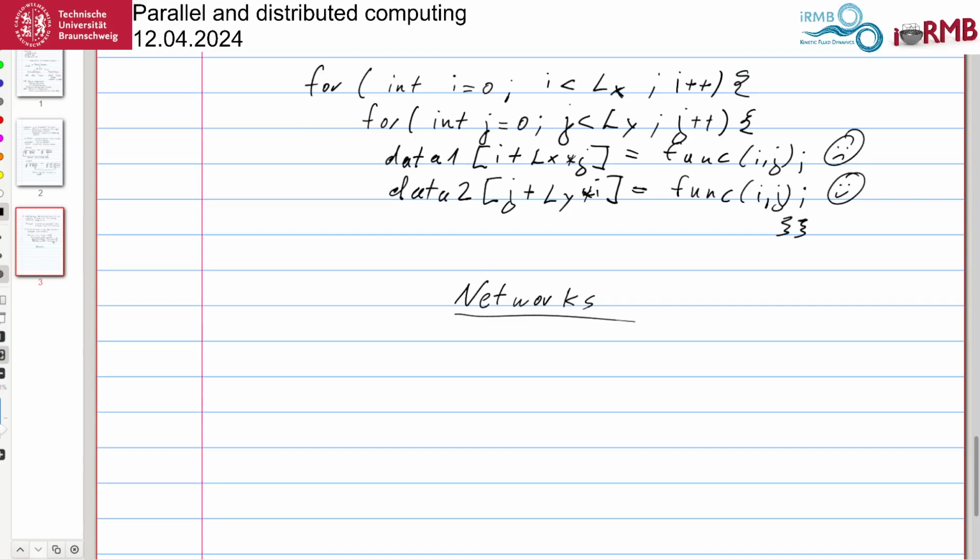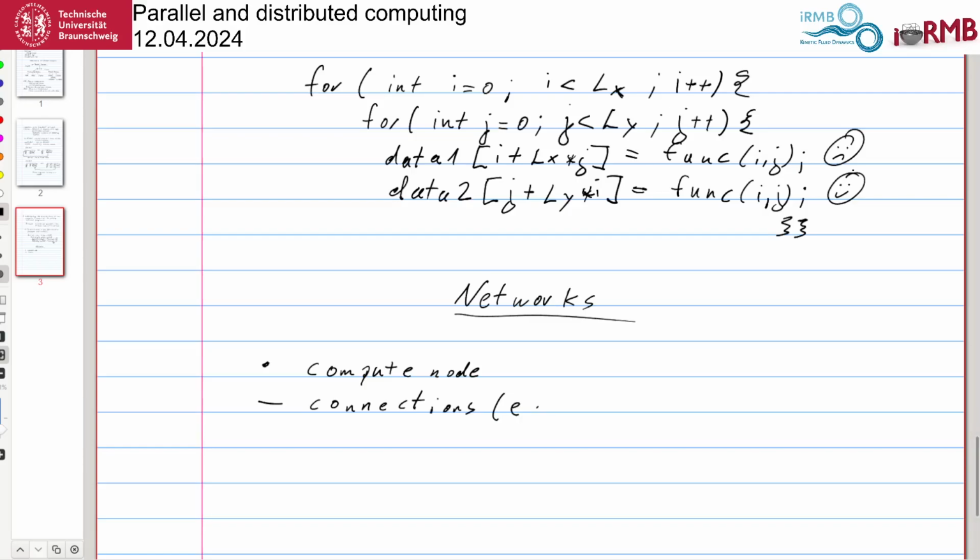Okay, we are talking about networks, and here again we have to introduce a lot of terms. First, a network is a graph that is built from so-called nodes, in our case compute nodes, and they are connected by connections which we call edges in graph theory.